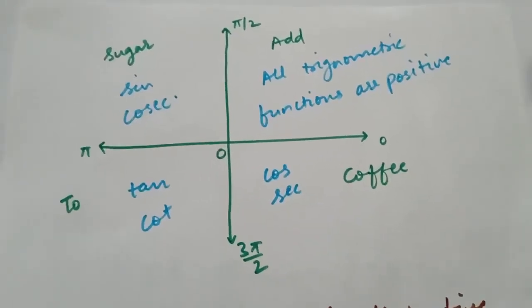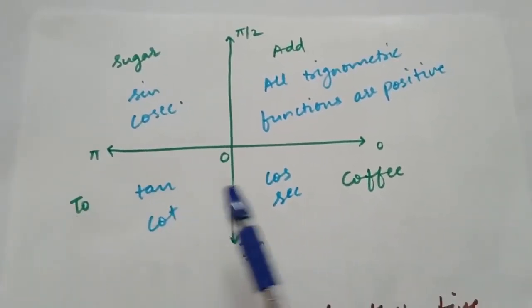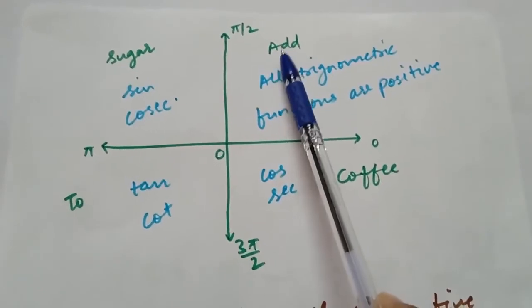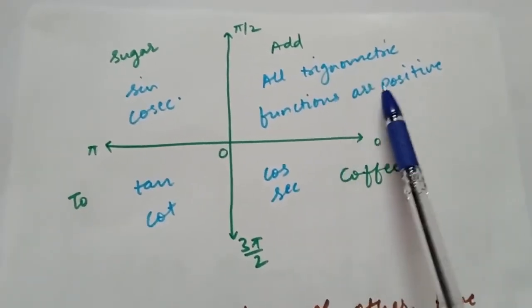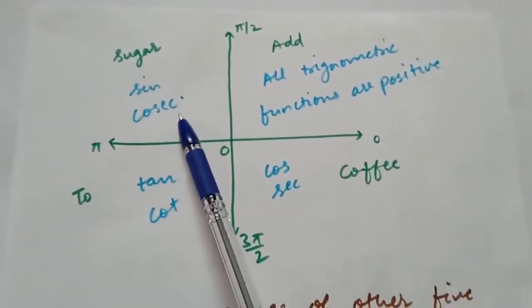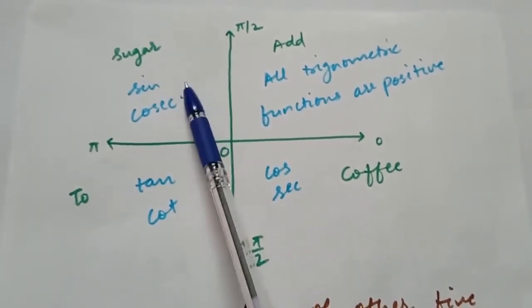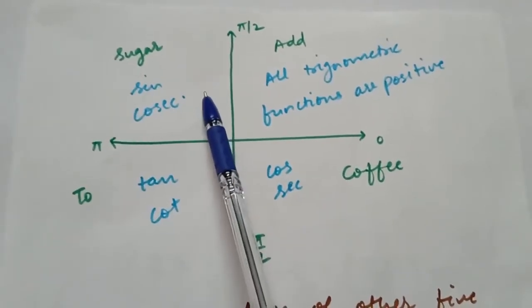So you can learn this: add sugar to coffee. The first letter A means that in first quadrant all trigonometric functions are positive. This S means that sine and cosecant are positive in second quadrant. All other trigonometric functions are negative in second quadrant.